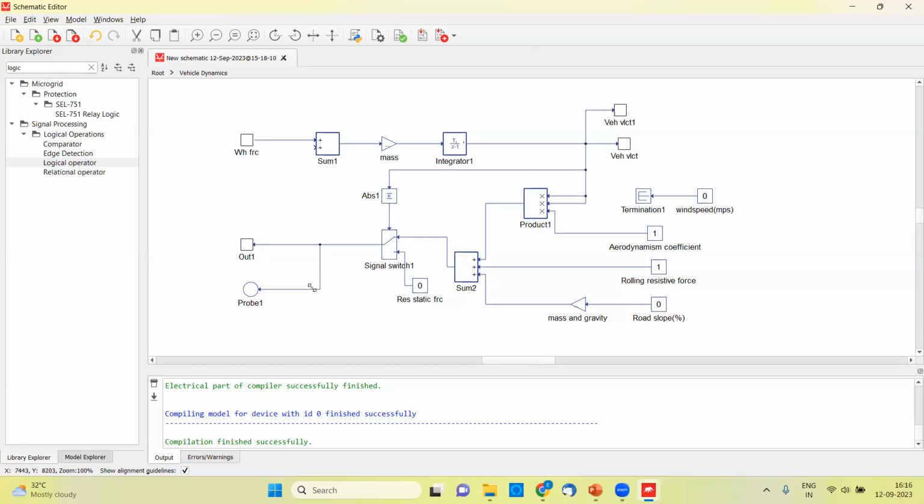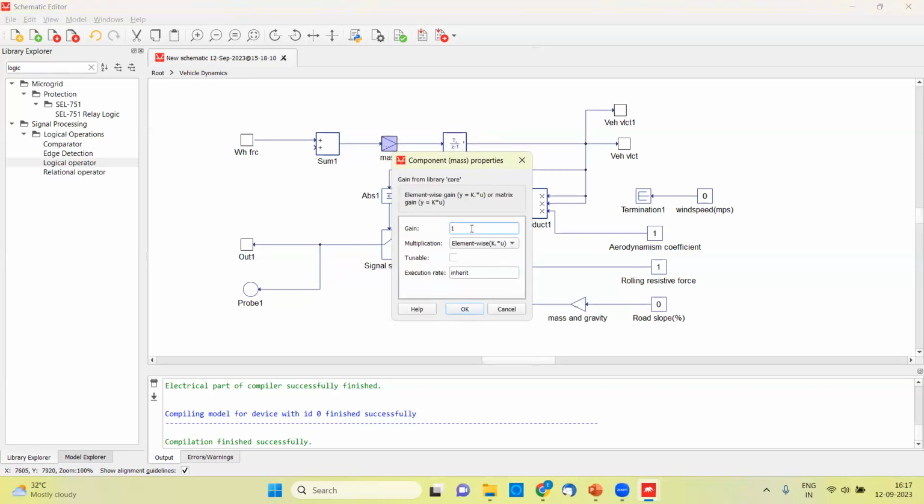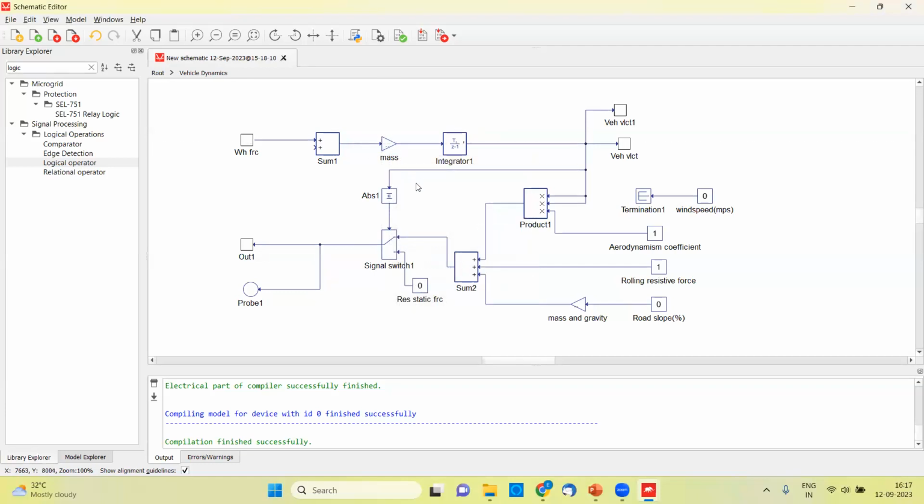First of all, let me see. We are having this mass. In this, I am using 1 upon, in the bracket, I'm using 692. Basically, the vehicle mass is 692 kgs. So we are using it 1 by, anyways, we are like determining what kind of a mass we are going to use for our vehicle, but that is not going to play a role in this example, because we are having a reference pre-decided for us.